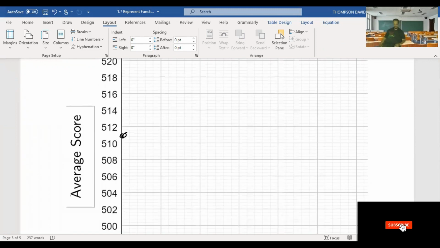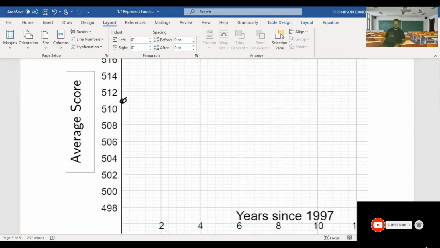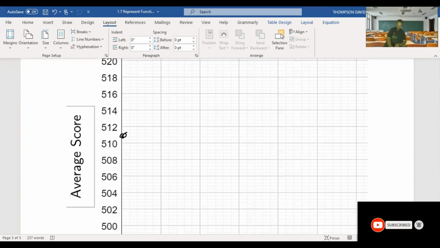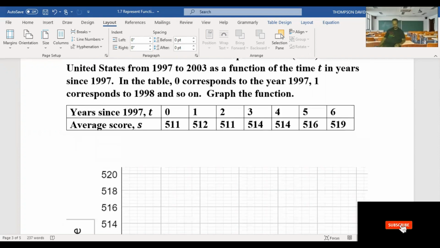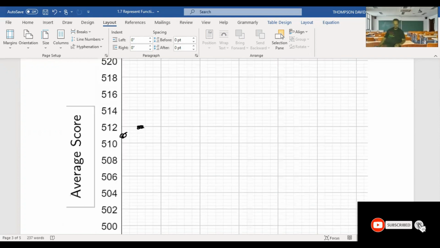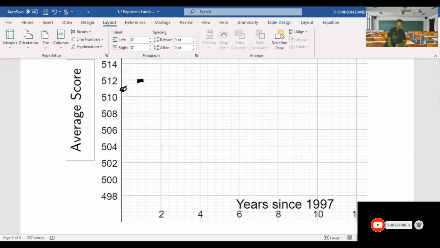Then we have 1 and 512. So that's also in the middle. We have 2 and 511. So approximately there.